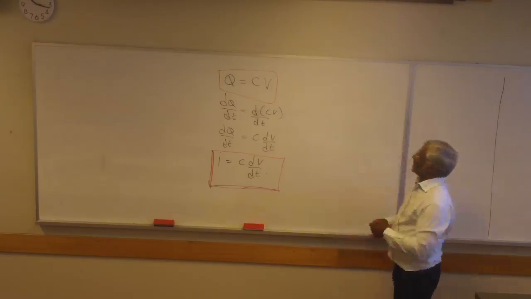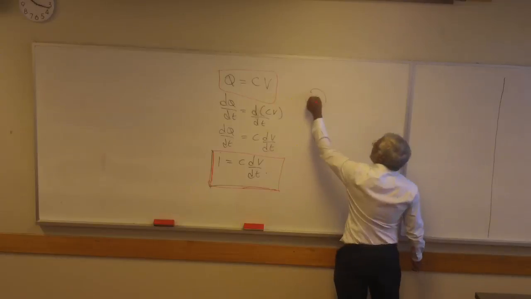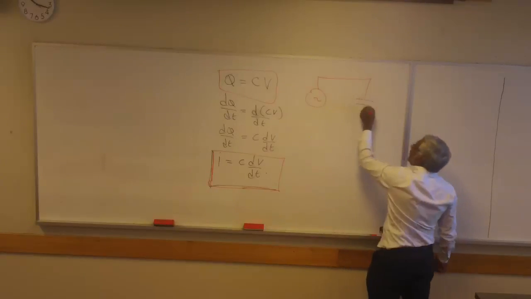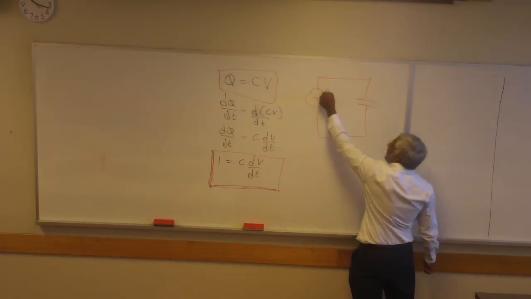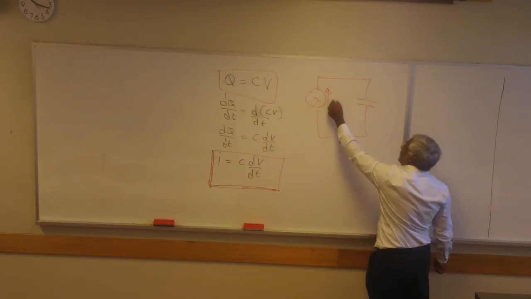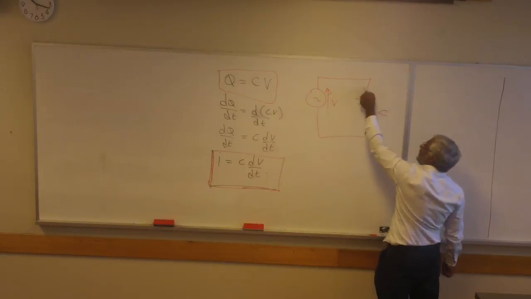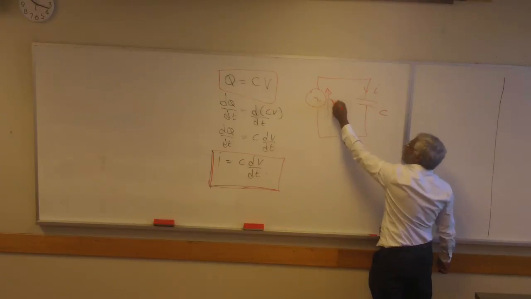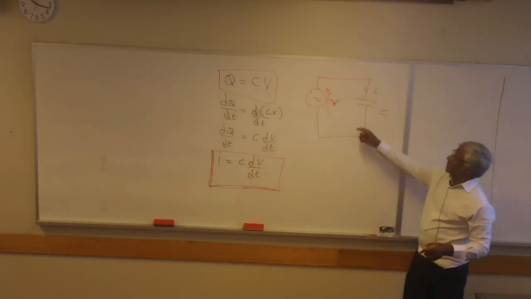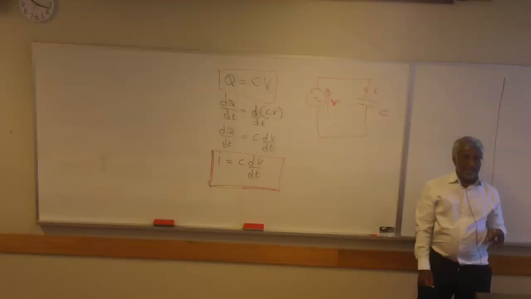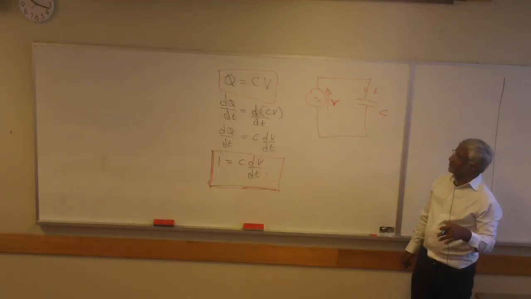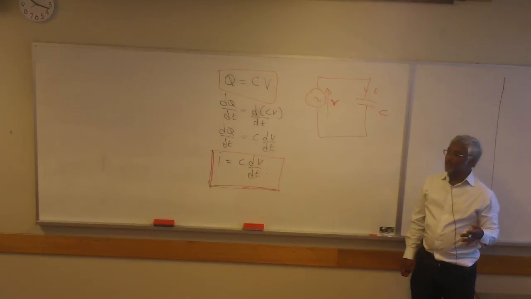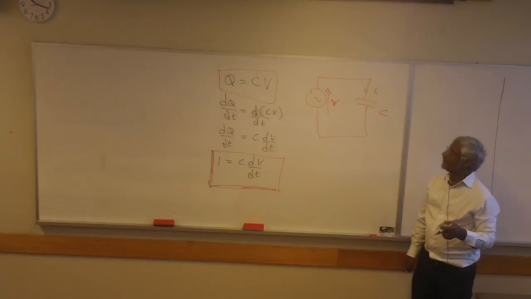Now, if you look at this sinusoidally, you apply your voltage across the capacitor, C, and this is I. I put them lowercase because I'm going to draw the waveforms. We use lowercase when we are looking at instantaneous values, and uppercase when we are looking at RMS values.